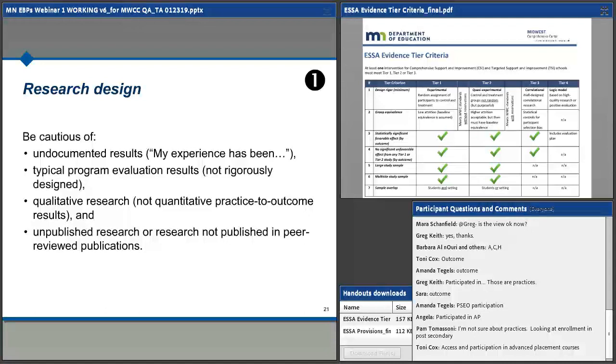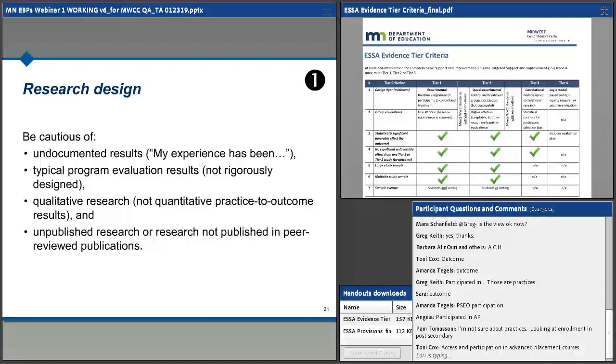Typical program evaluation results are not usually rigorously designed, so those often will not meet the design requirements under ESSA. Qualitative research that does not have a quantitative practice to outcome relationship does not qualify, right? Anything that describes or makes observations without looking at that relationship.